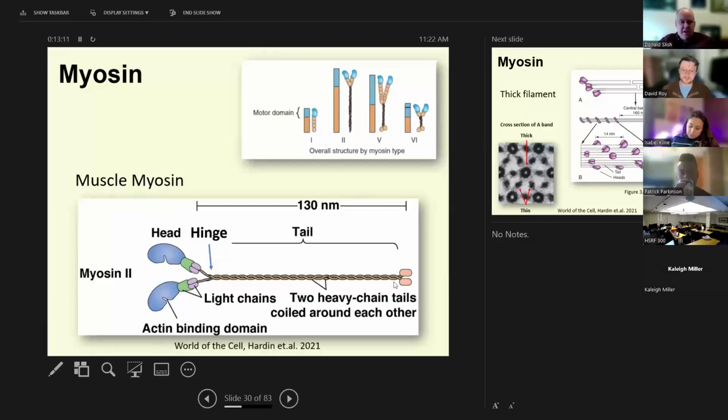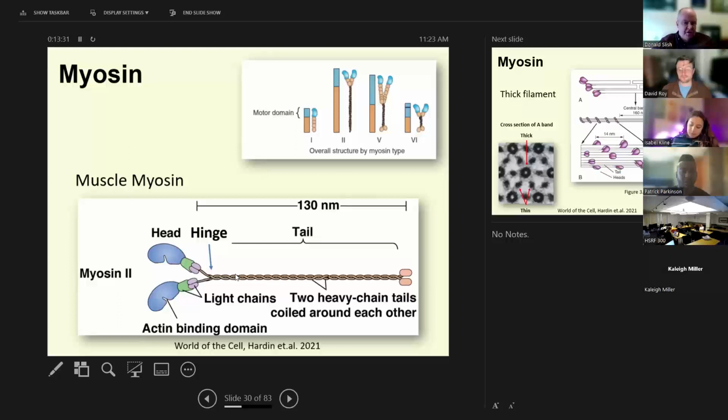And then you've got the tail, which is structural, and you'll bind to other myosins with that. So typical of so many proteins we see in cells, it's a homodimer, and the tails are wound around each other. So you've got this coiled section that gives it structural integrity there.